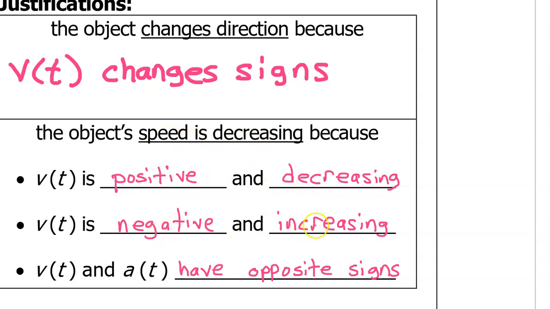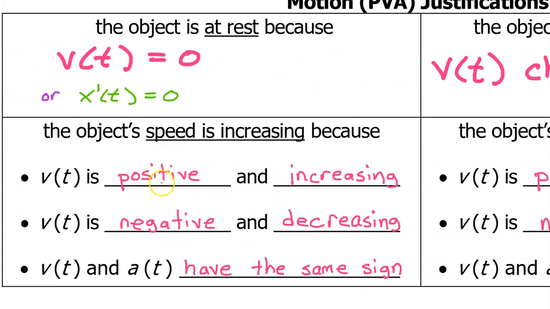Negative and increasing sounds contradictory. The speed is decreasing. Compare that with positive and increasing. Those kind of sound similar. That's when the speed is increasing. Negative and decreasing. Those sort of sound the same. So that's how you know that the speed is increasing.